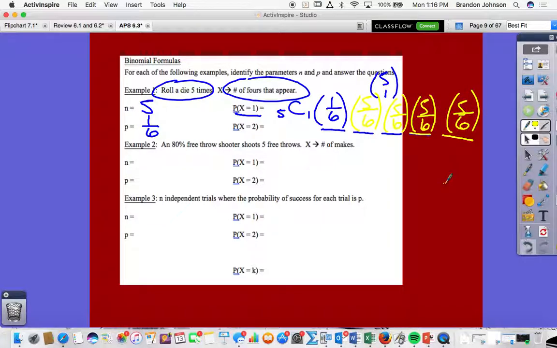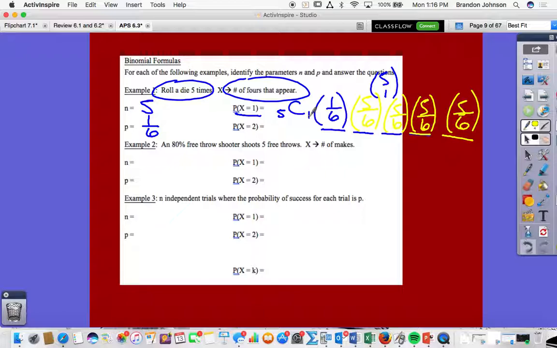What I have here on my right side represents just 1 different combination. That's why once I multiply this across, I have to multiply by the combinations of 5 choosing 1, to factor in all the other combinations that could come with this, okay?